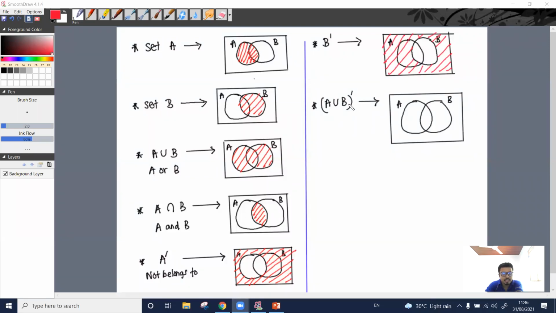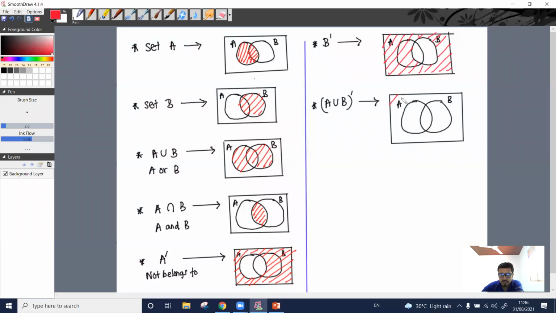So A union B means the area belongs to A or B. Here we have colored that. A union B dash means the part that does not belong to either A or B. The part belonging to neither.